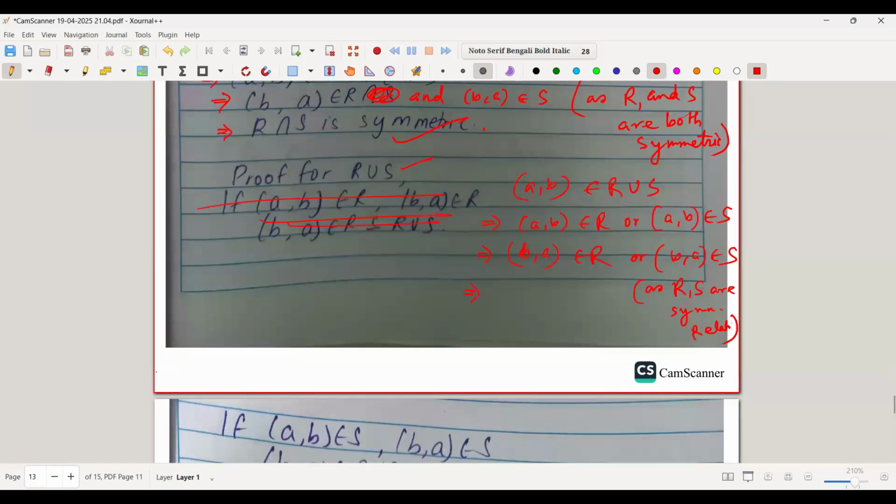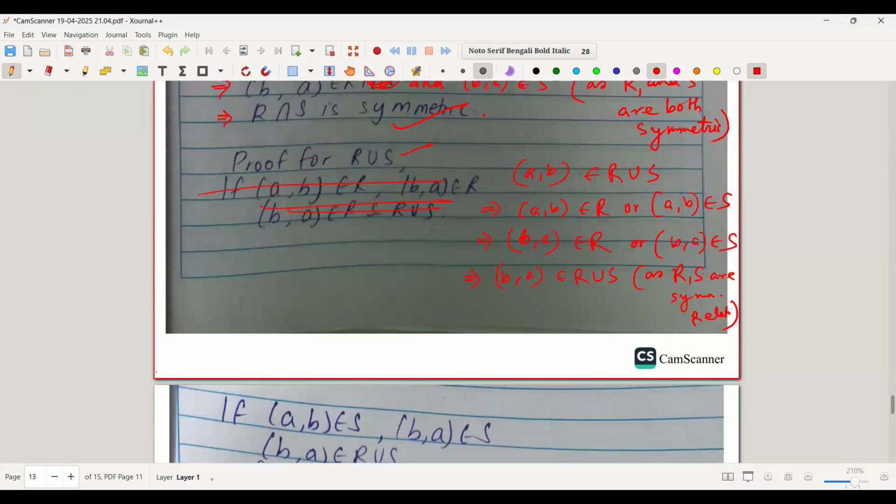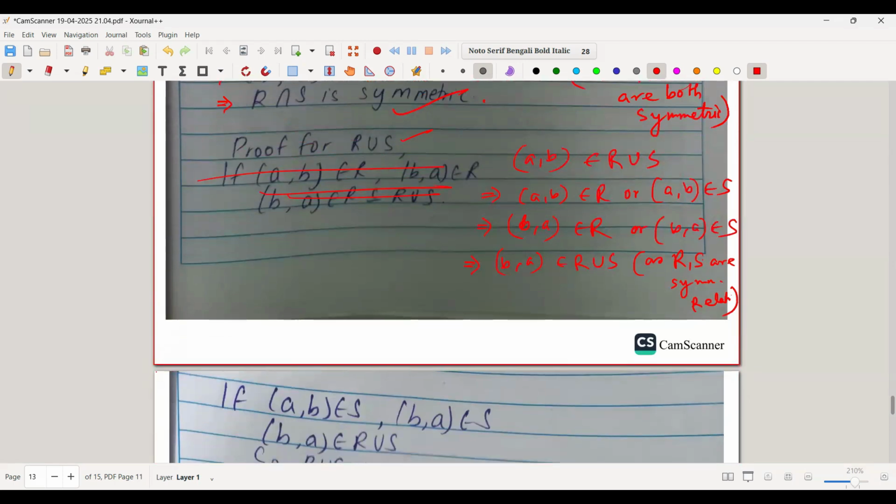So that implies (b, a) belongs to R union S. So that's complete.